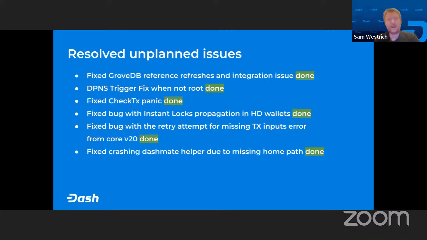This was about 2 weeks ago, and we realized that this was a problem, and we were quite worried about it because it was a pretty big problem. Thankfully, within 2 days, we were able to make a fix on the GroveDB side and a fix on the Drive side. So it's one of those big issues that ended up not being big, and everything is working perfectly right now.